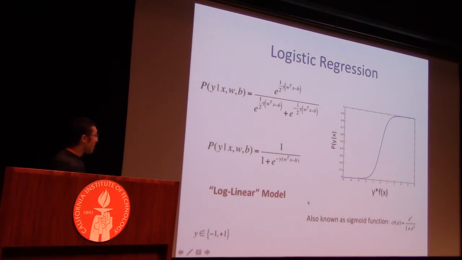And this is known as a log linear model, because it's linear inside the exponent. As we'll talk about more as we move on to probabilistic models, this allows us to model not just a classification, but the probability of it being this class versus another class.